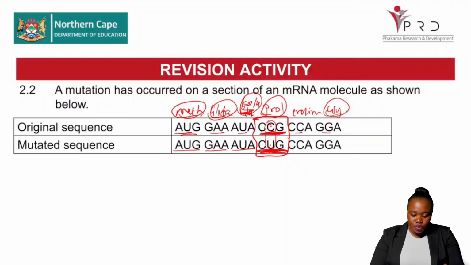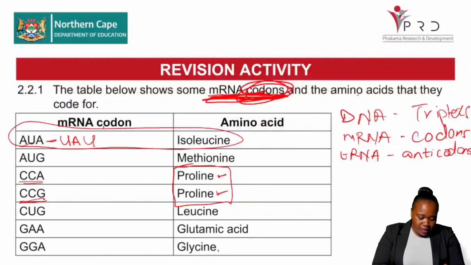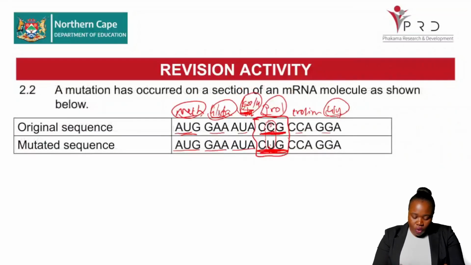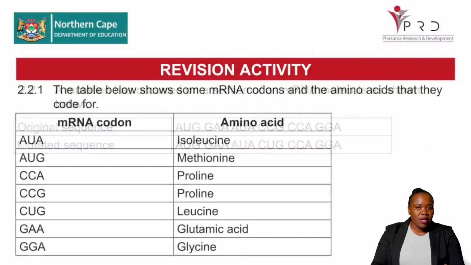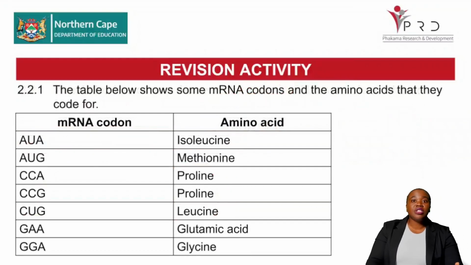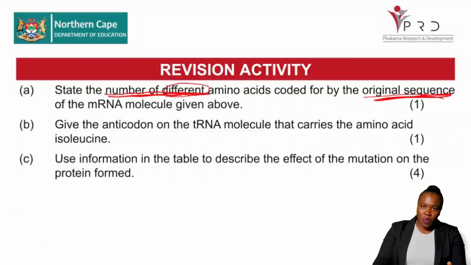Let's see what CUG codes for. CUG codes for leucine, right? Because CUG codes for leucine and CCG codes for proline, it means that the amino acid has changed. And if the amino acid has changed, it means that the protein formed is going to change as well.